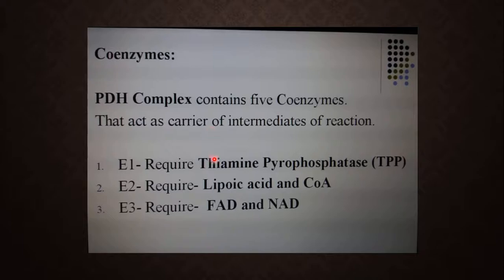For example, you can now understand it. E1, as I explained on the first slide, requires thiamine pyrophosphate, TPP. If that is deficient, then E1 will not work and there will be certain disorders. Similarly, E2 requires lipoic acid and CoA.